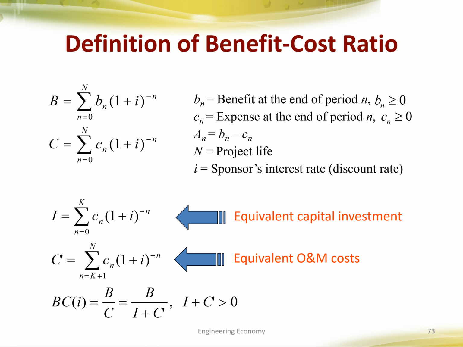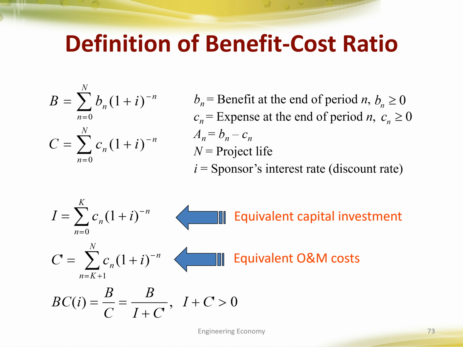As long as you convert both time series, both cash flows, to the same time point and sum them up, then you can perform this benefit cost ratio analysis, as you can see here. Our benefit cost ratio at interest rate i is equal to B over C. If it's greater than 1, we'll accept. If it's not, then we'll reject.